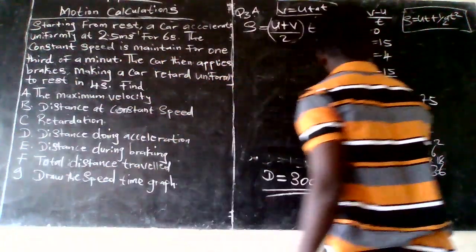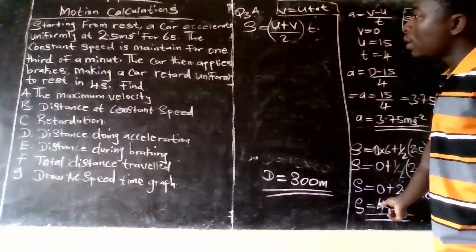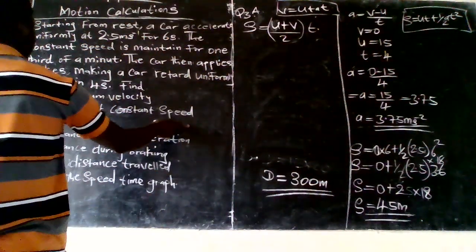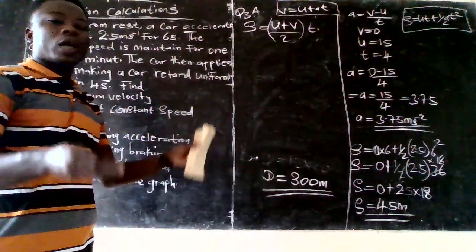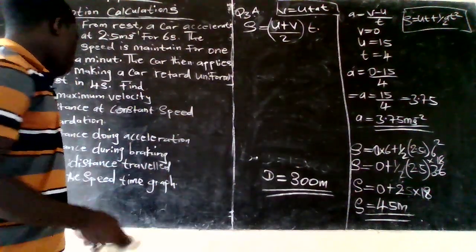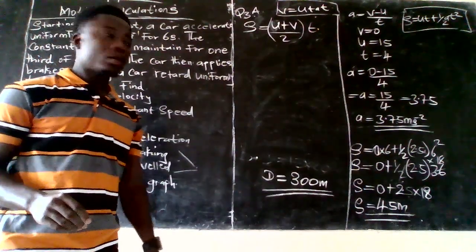We have 45 here for distance during acceleration, and also the distance at constant speed. When you solve this, you can add them together to get the total distance traveled. So solve these two and send them in the comment section.